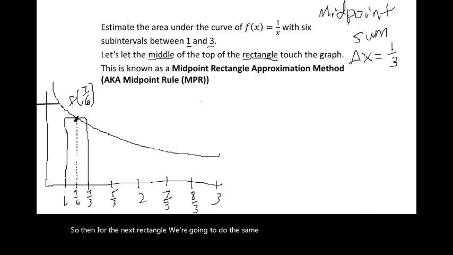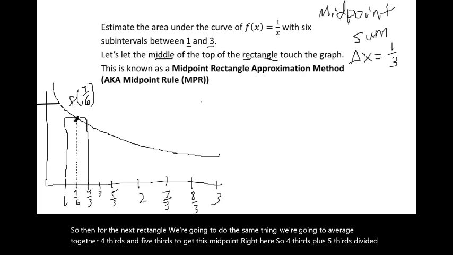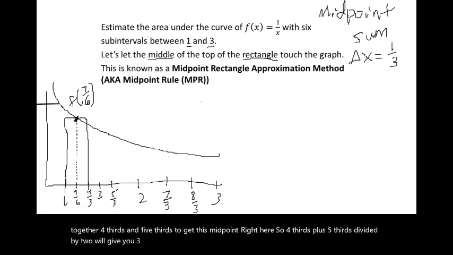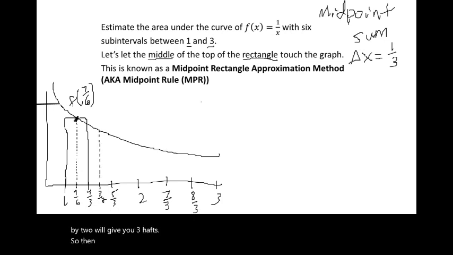We're going to average together 4/3 and 5/3 to get this midpoint right here. So 4/3 plus 5/3 divided by 2 will give you 3/2. There we go. So then f of 3/2 will be the height of this rectangle, and the rest of the rectangle will go something like this. So that height right there is going to be f of 3/2.